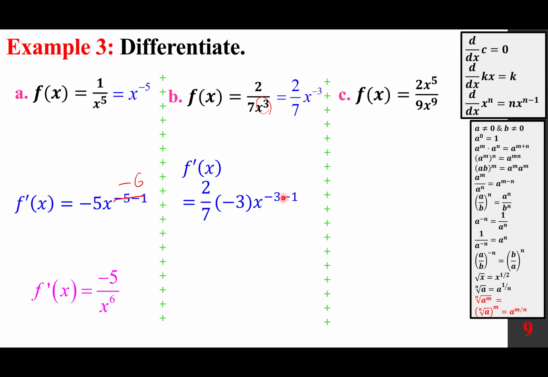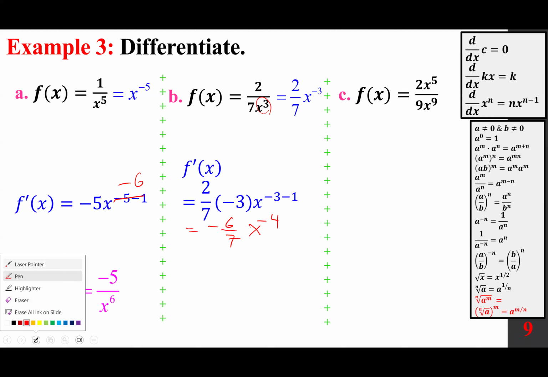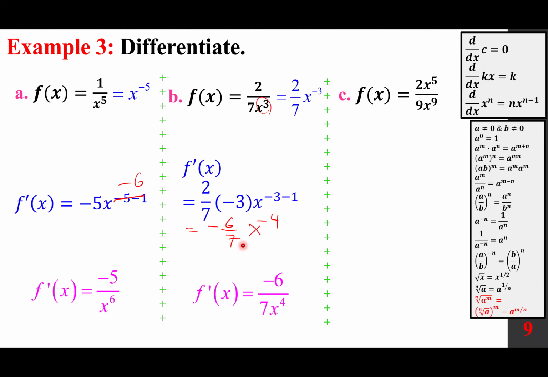So obviously this is -4. So this is -6 over 7 x to the power of -4. Take it down, x to the power of +4. The final answer is f prime is -6 over 7 x to the power of 4.